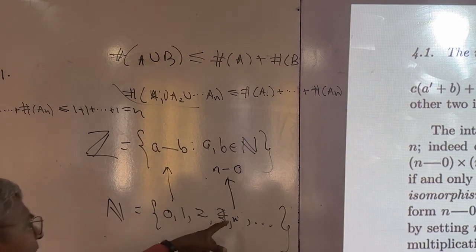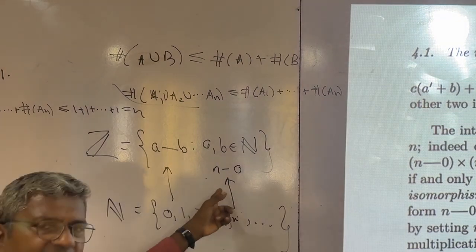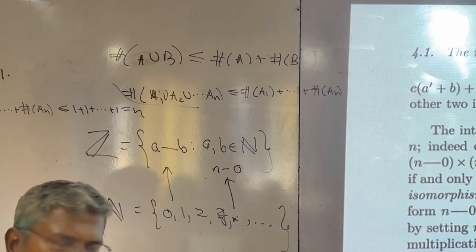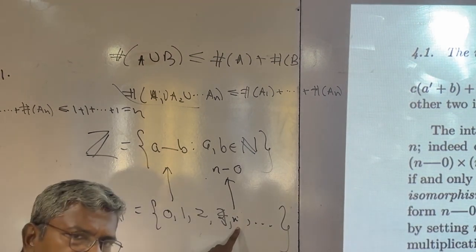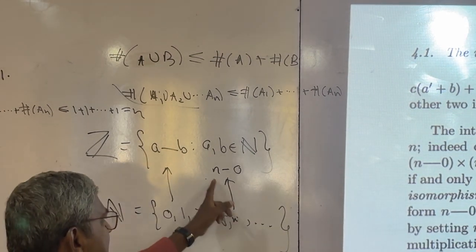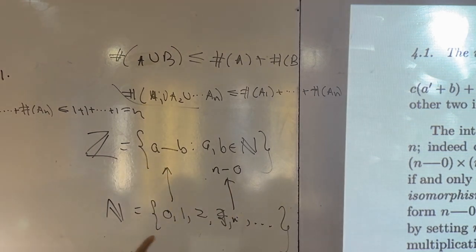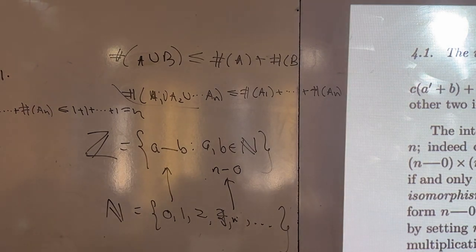Now here you have n's, here n minus 0. They are not equal because this is a natural number. This one has no meaning yet. But over there, all we can do is addition and multiplication.